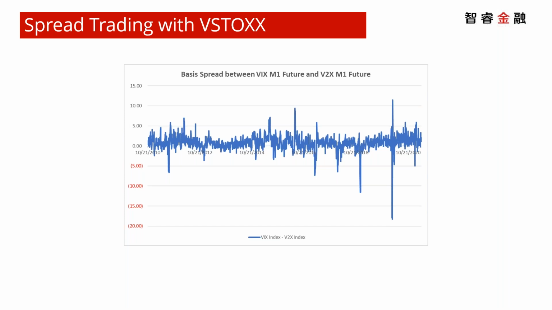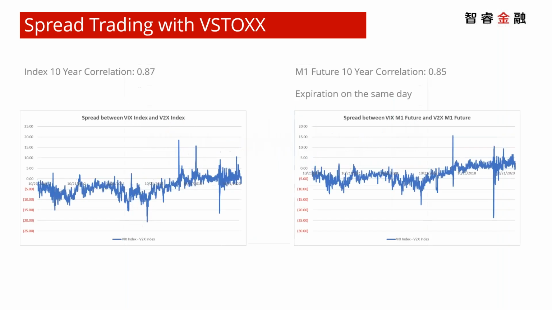If you trade on the right-hand side graph, the P&L is very easy to explain. For example, if you take a position at -10 and the spread goes down to -15, you lose 5. If the spread then goes back up from -10 to -5, you make 5.